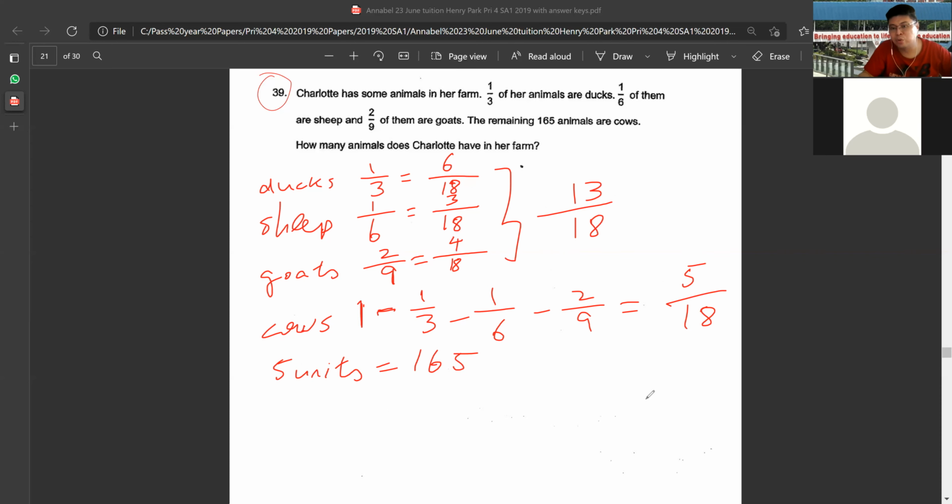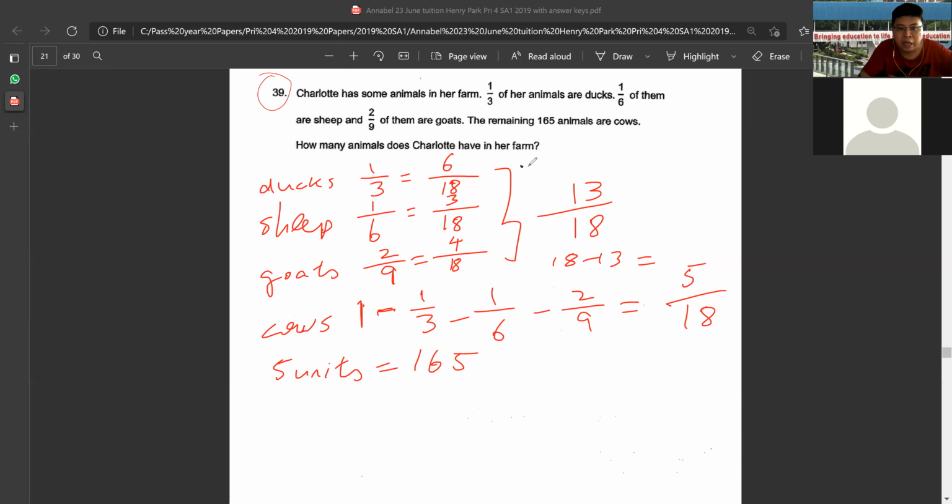5 units. You know how I get 5? 18 minus 13 is 5. So 5 units is 165.